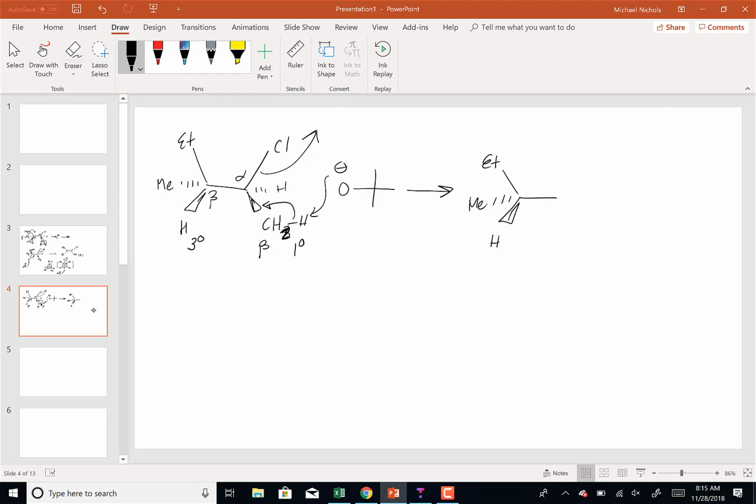And over here, I'll have a double bond to the CH2 with the H. So that would be the major product if tertiary butoxide was used, and the other product would be the one if NH2- was used.